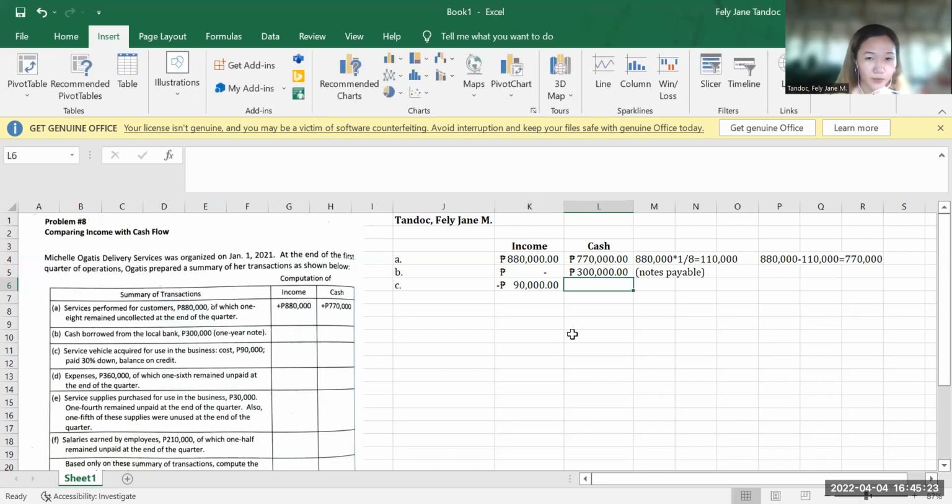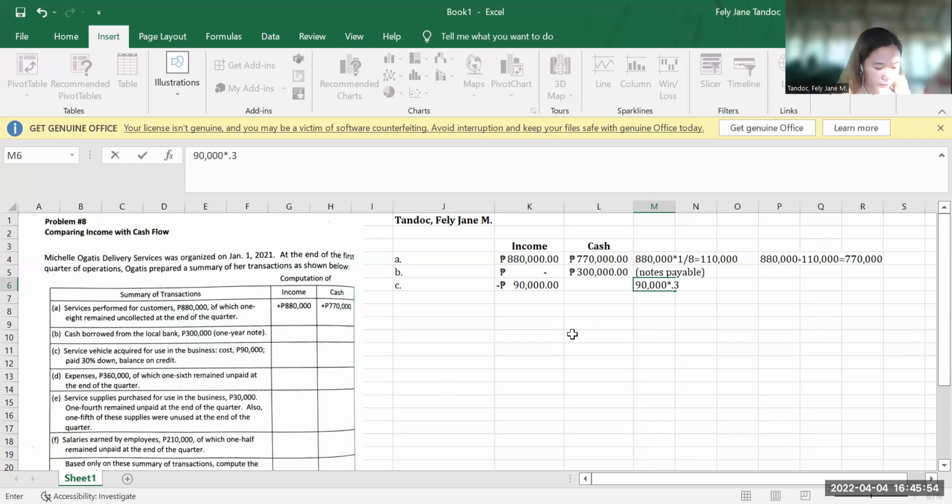And for the cash, to get the cash reduction, 90,000 times 0.30 is equal to 27,000. That is what will be deducted from our cash.